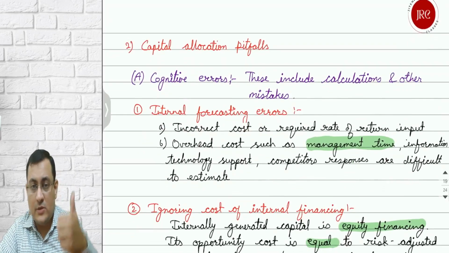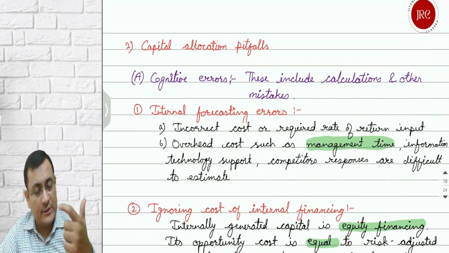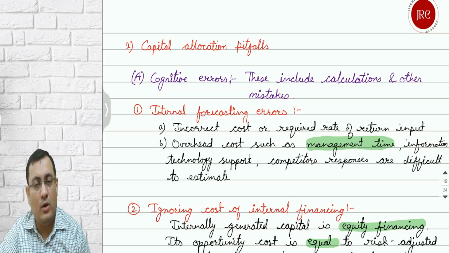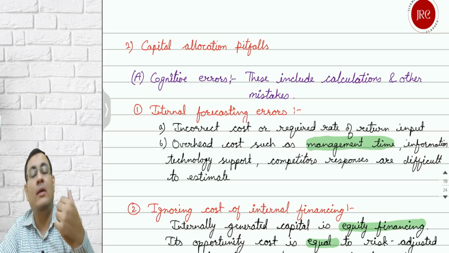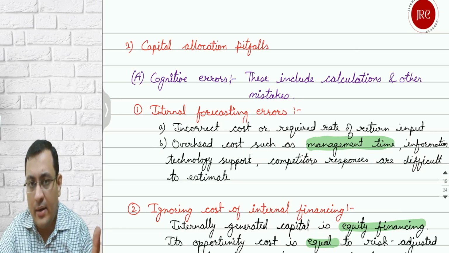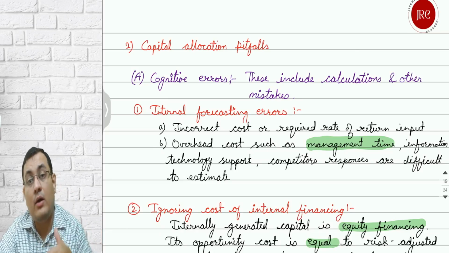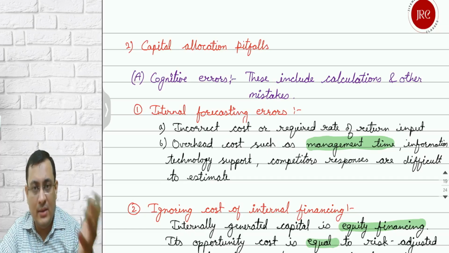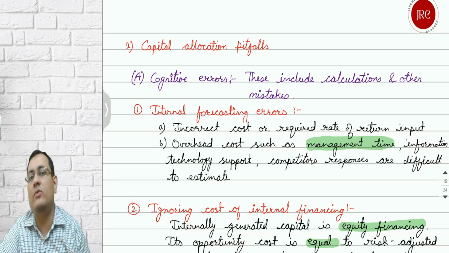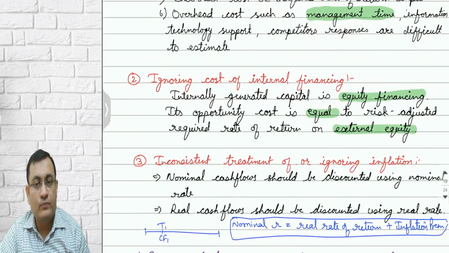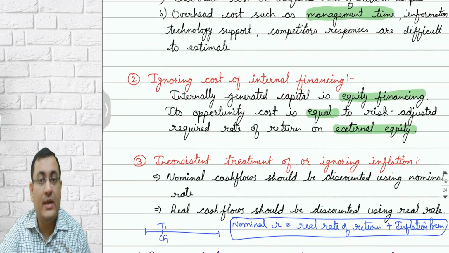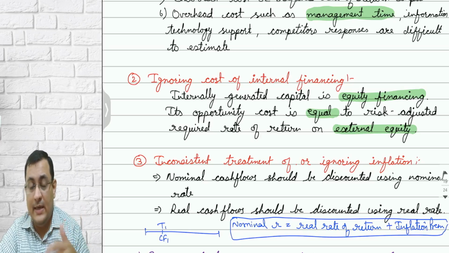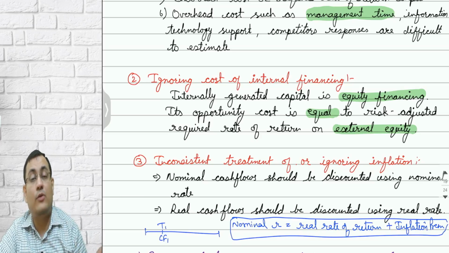What are the pitfalls? First type of pitfall is cognitive error, mathematical error or mistake. That includes, number one, internal forecasting error, where you are using an incorrect cost of required rate of return, or you are ignoring or understating the cost of management time and use of existing facilities of the business. Number two, ignoring the cost of internal financing. The internal funds also belong to equity funds.